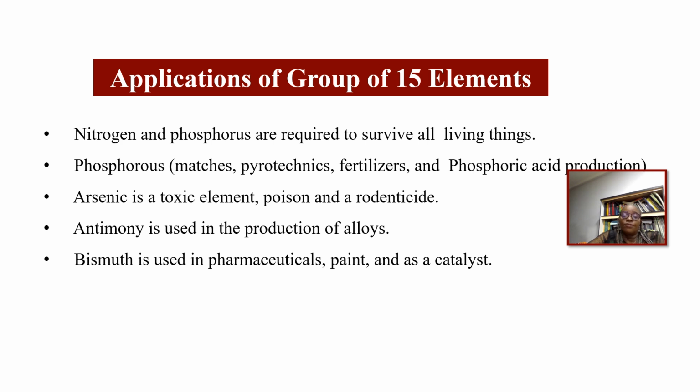Phosphorus is useful for matches production, protectives, and fertilizer, and also for the production of phosphoric acid. Arsenic is a toxic element, a poison, and a rodenticide. Antimony is used in the production of alloys, while bismuth is used in pharmaceuticals, paint, and as a catalyst.